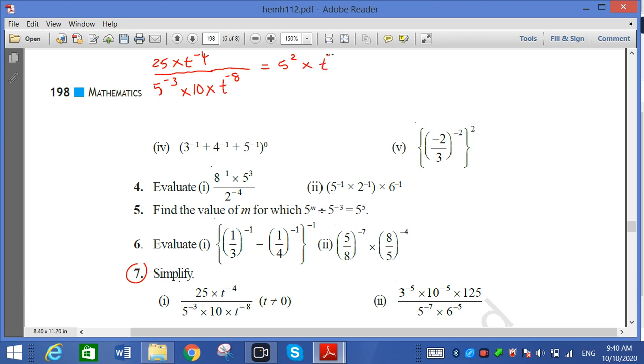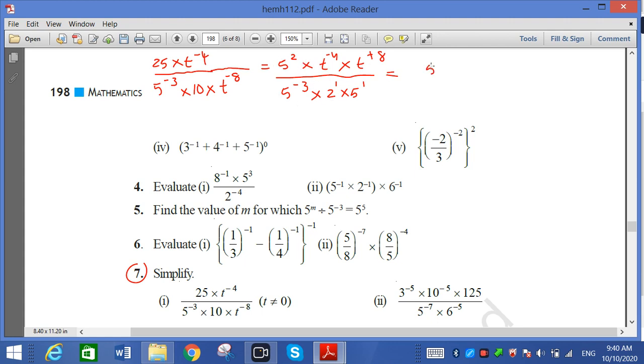T the power minus 4, t negative goes up, so it becomes t the power plus 8. Now here 5 the power minus 3, and 10 means 2 the power 1 and 5 the power 1. Now what we have to do? First of all we have to complete this t, or we can take the digit.